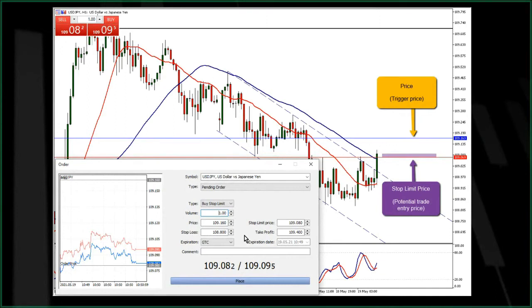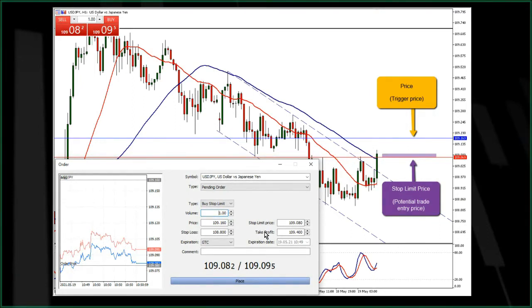I said basically to myself that if the price rallies up to 109.16, then I want to have a limit buy at 109.08, which is above this red line. The red line is the resistance there that we identified earlier.